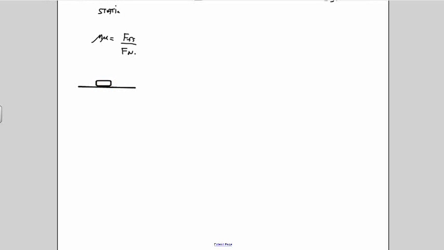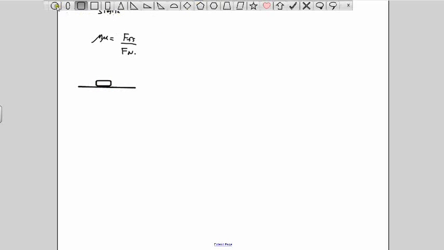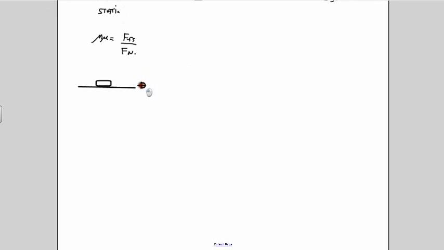Also on that table, we had a pulley, and the whole point was to put a rope around that pulley like so.